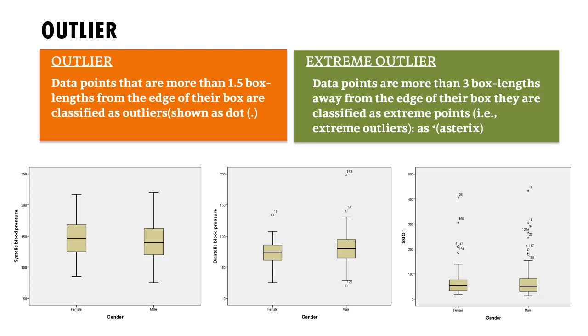Whereas data points that are more than 3 box lengths away from the edge of their box are classified as extreme outliers, and they are represented by an asterisk. So you can see that this is an extreme outlier, whereas this is a normal outlier.